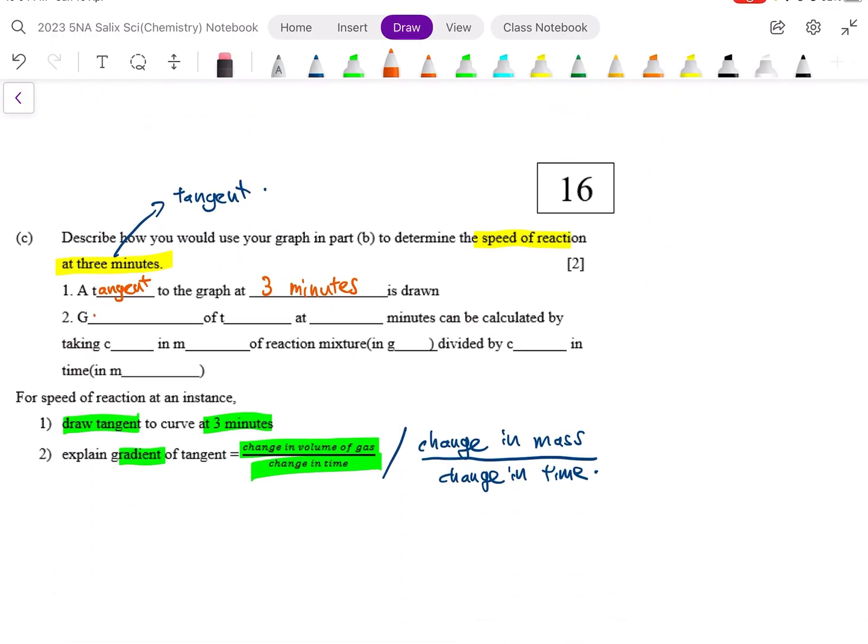Then the gradient of this tangent at 3 minutes can be calculated by taking the change in mass of the reaction mixture in grams divided by the change in time in minutes.